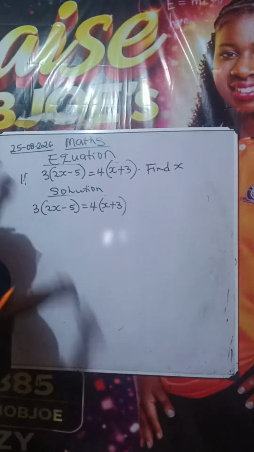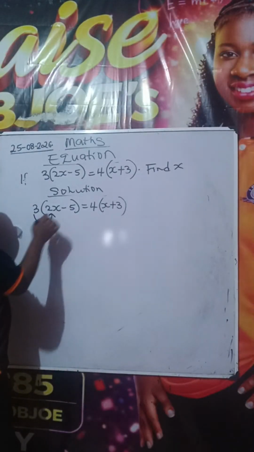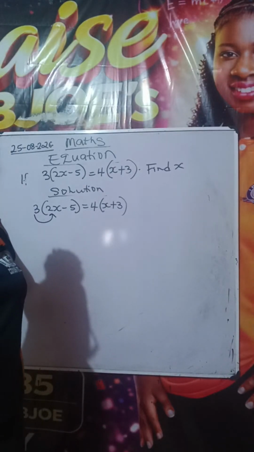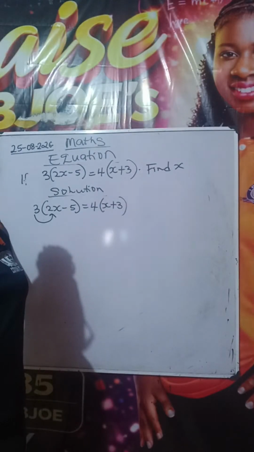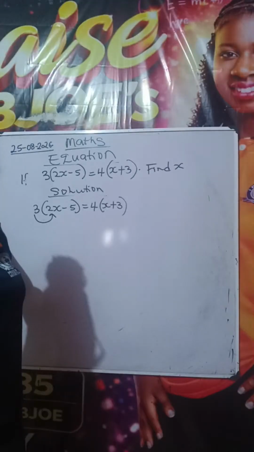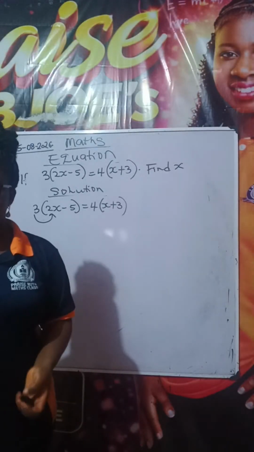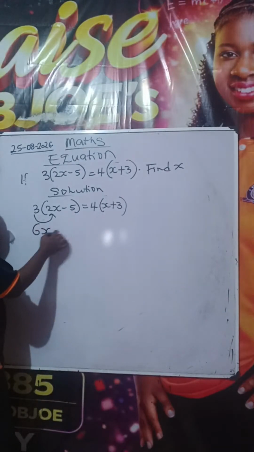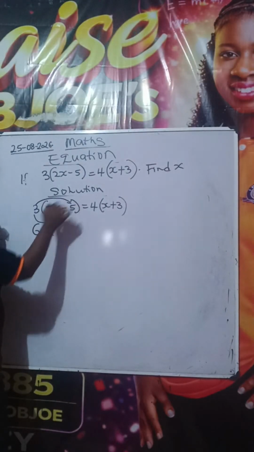And that will be 3 times 2x. Three times 2x will give us 6x, right? Everybody multiply. So we have 6x, correct. Then 3 times 5.